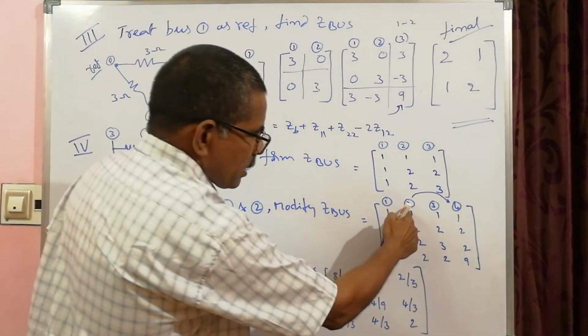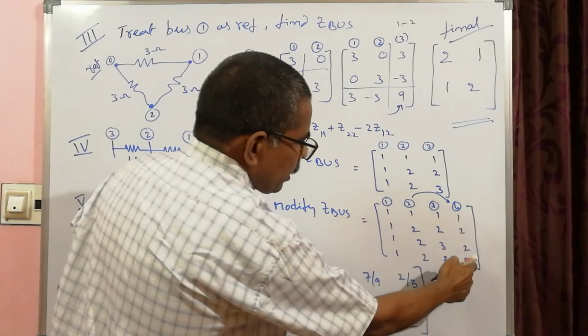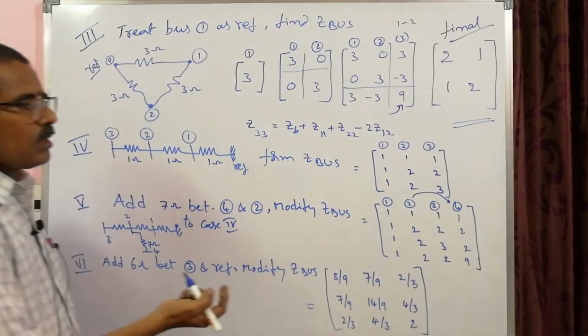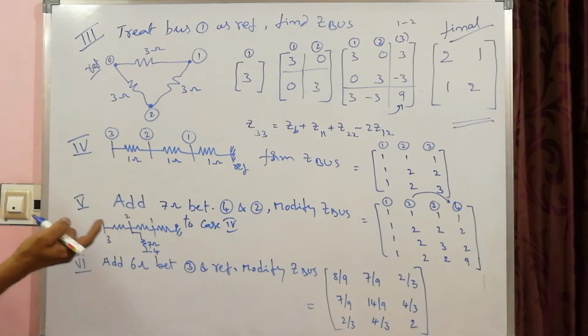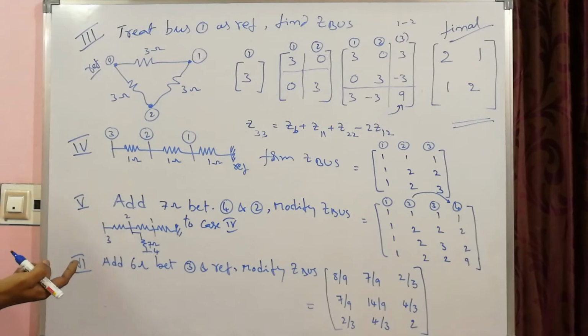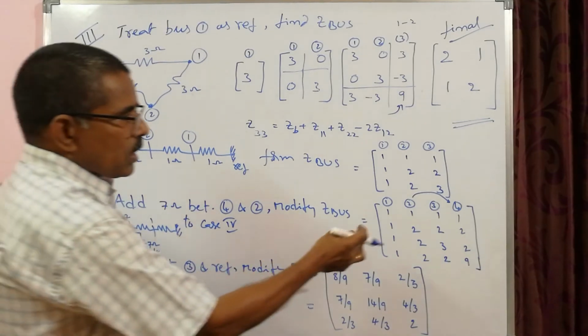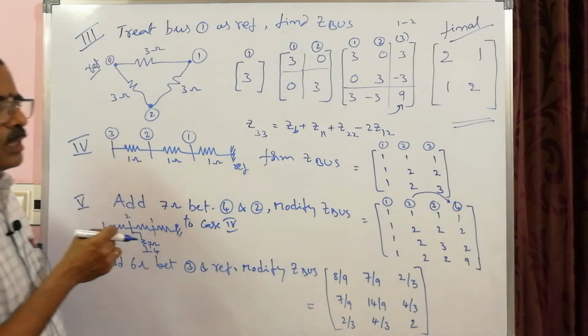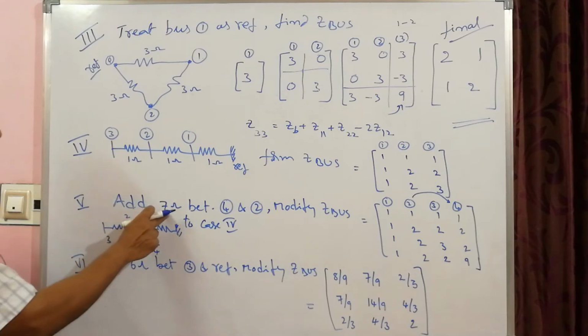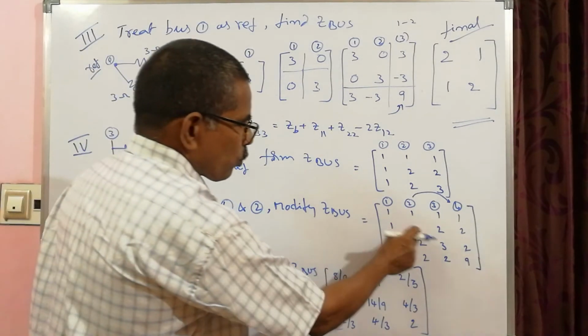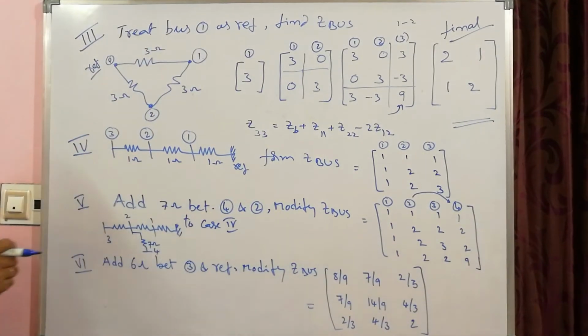So, all second bus column is copied here, and ZB again it is Z44, which is ZB plus Z22, is it not? You are adding to 2. ZB is 7 ohms and Z22 is 2. So, it becomes 9. So, that is the modification.